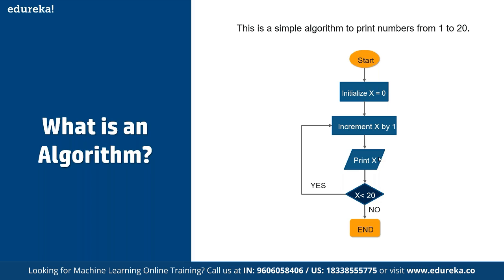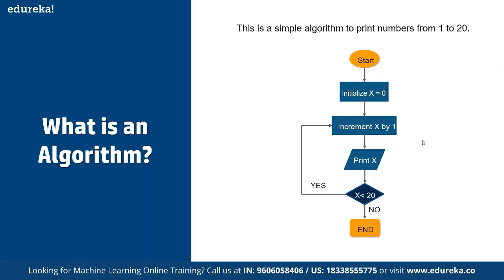This keeps going on until x becomes equal to or greater than 20. And if it is not less than 20, then the entire program is going to end. That is what we do as part of the algorithm. All right, so that exactly is what a complete algorithm is.